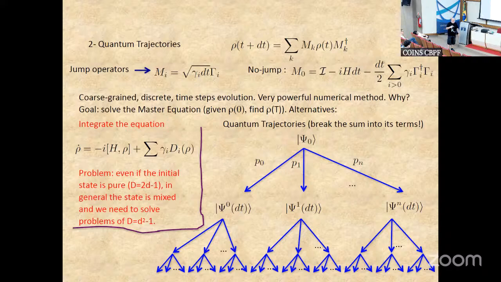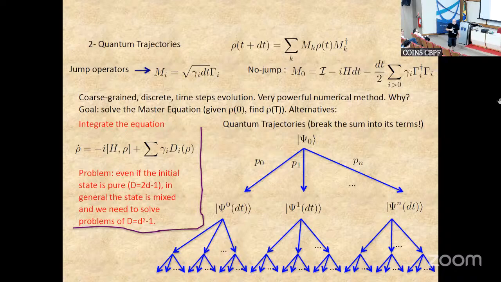So one trajectory is one realization of my dynamics, one branch of this tree here, okay? So let's say in the first time step, I draw a number that tells me to apply the no jump operator, then I come here, then I get jump 1, then I come here, then I get jump 2, then I come here. So this is one particular trajectory.